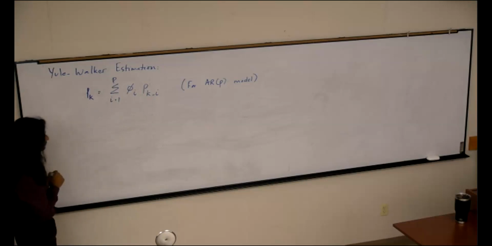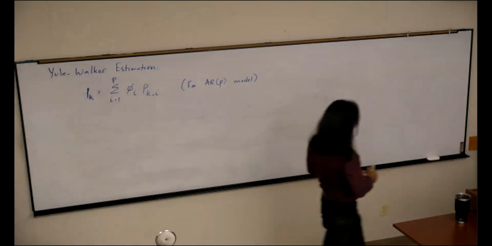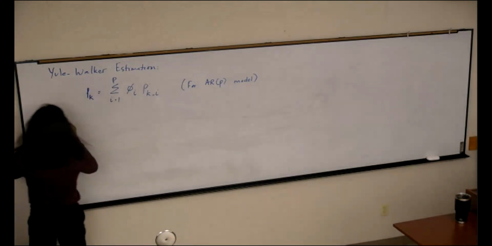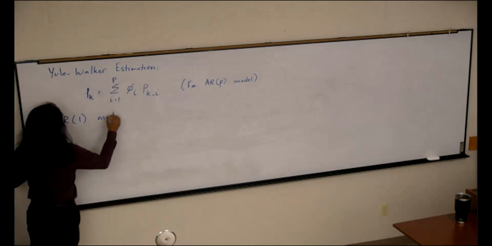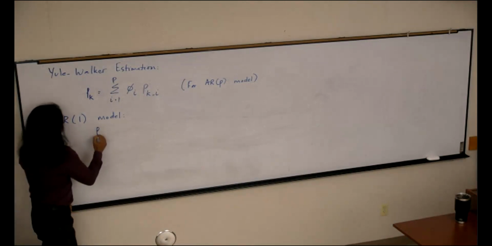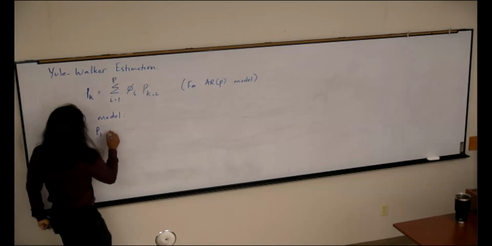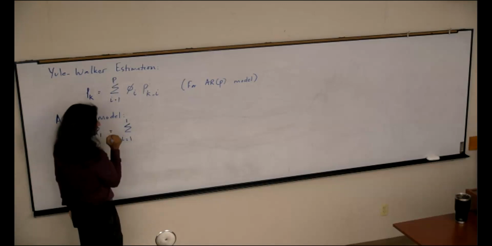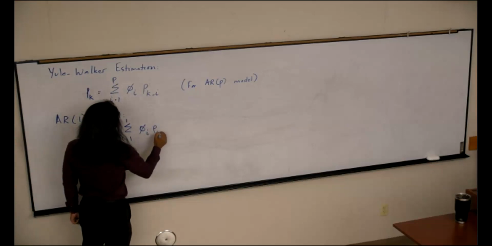If I start with an AR(1) model, I can start with rho 1, which would give me the sum from i equals 1 to 1 of phi i rho 1 minus i.